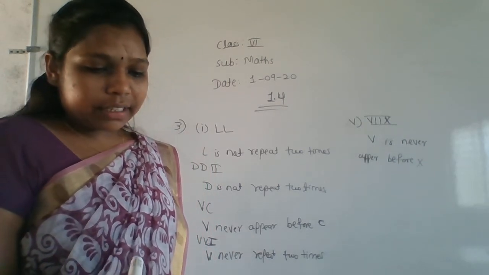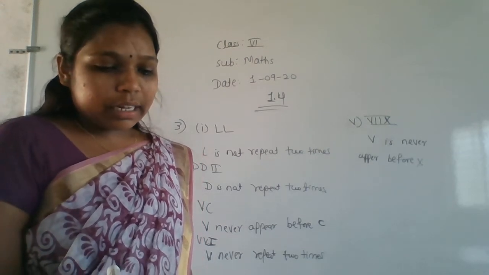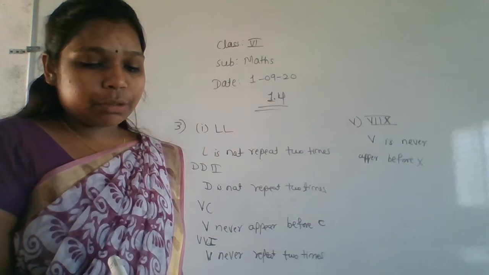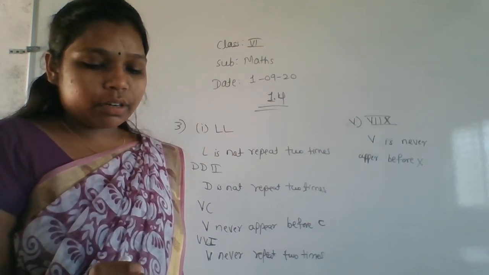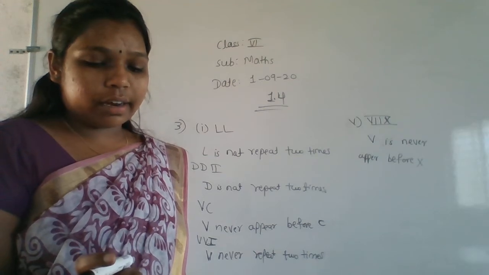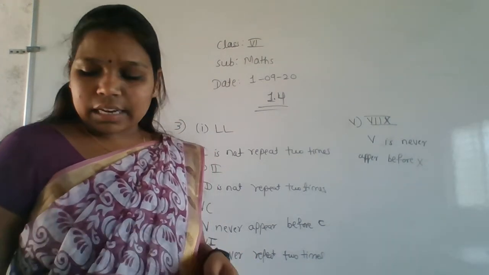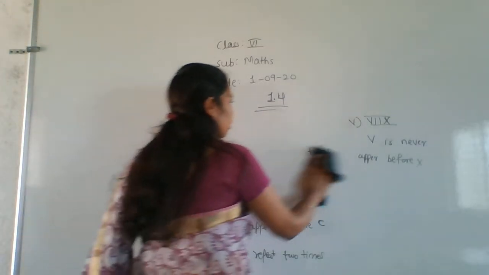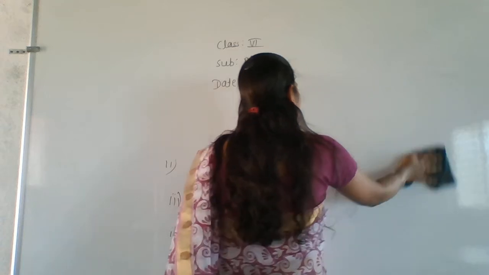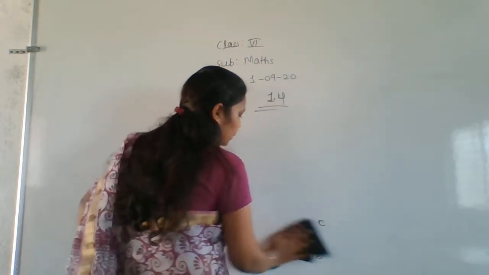Yes, we completed the third main. Now we'll go for the fourth main. Fill in each blank box by using greater than, equal to, or lesser than. If you know the values of the numbers, writing the Roman numbers and English numbers, then only will you understand whether it is greater or smaller.